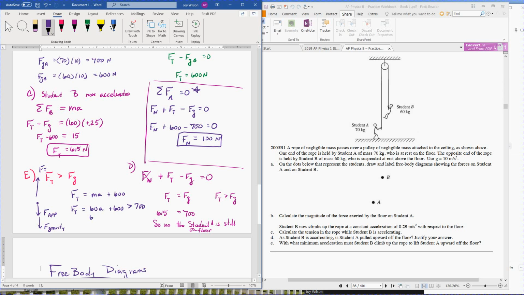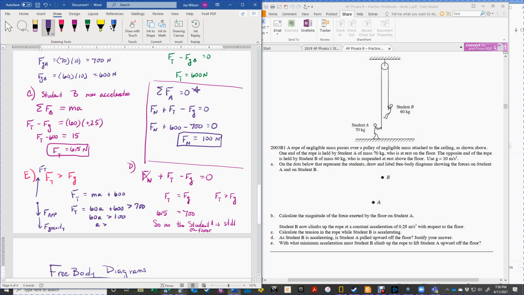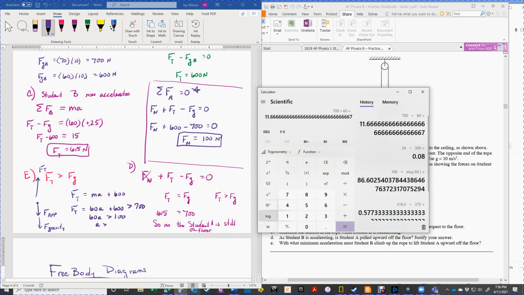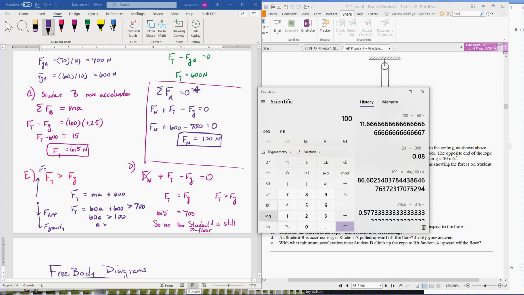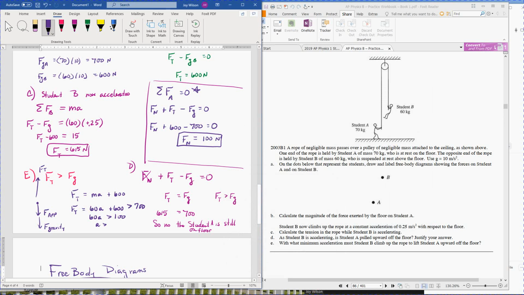So that's where I forgot to put gravity in. So acceleration is actually going to be 100 divided by 60, which is a much more reasonable 1.7. There we go. And that would certainly be doable.